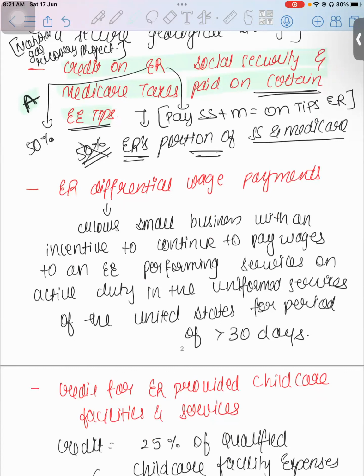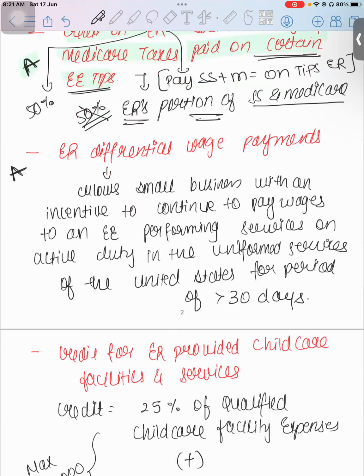Next is the employer differential wage payment. This also you can consider an A category. Whenever the employer is paying wages to particular employees in some different area, like a small business that has created some incentive plans so that the employee can perform services in some outskirt areas of the state.